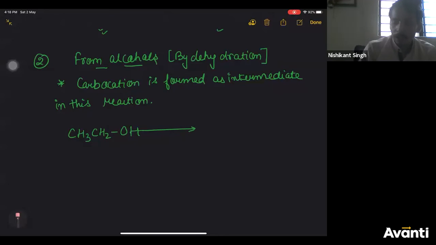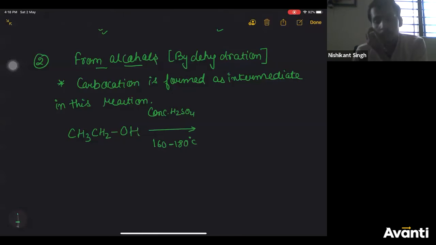If you react it with concentrated H2SO4, temperature is important, 160 to 180 degrees Celsius. At a temperature of about 160 to 180 degrees Celsius, you'll get ethene and water will be liberated.